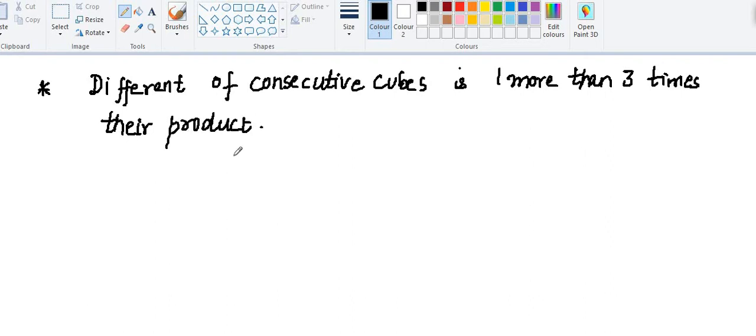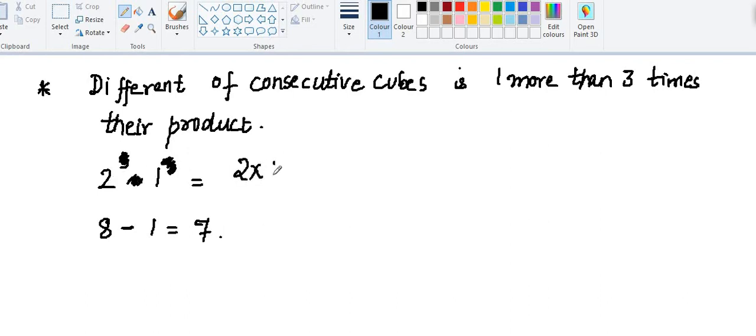So this property says if I want to calculate 2 cube minus 1 cube, this is 8 minus 1, which gives us 7, right? But the property says you need not calculate the cubes. You just remove the power 3, remove the minus sign, and multiply them. 2 into 1 gives you 2.